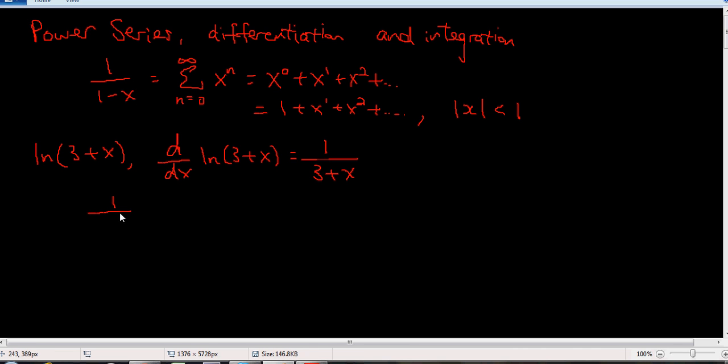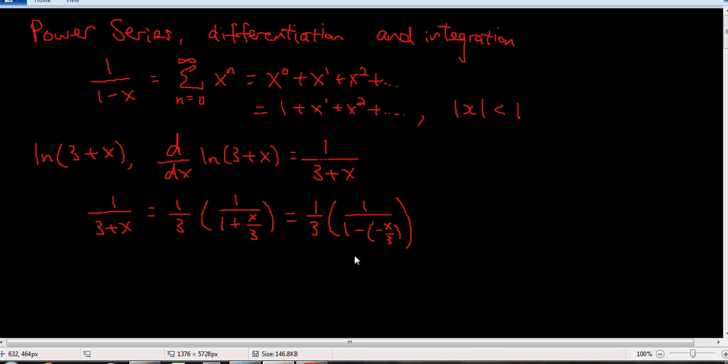So 1 over 3 plus x, well, I have a 3 here, but I want a 1. So I can factor out a third, and I get 1 over 1 plus x over 3. Well, we got a 1 here now. It's almost there. This is a plus, so we get 1 over 1 minus negative x over 3.